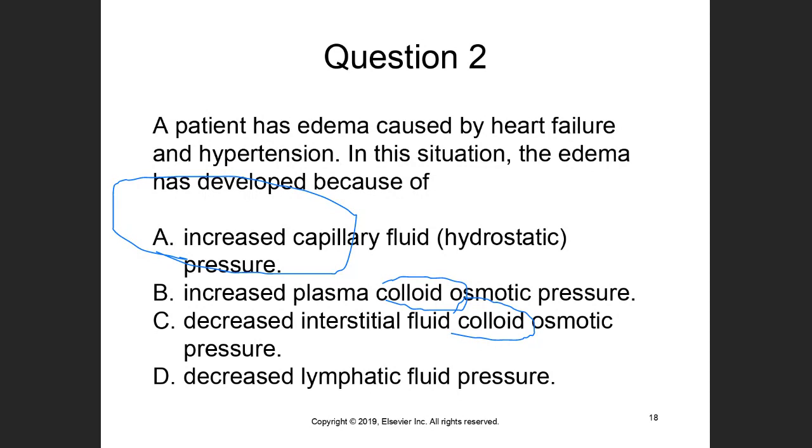So renal problems and liver problems are related to colloid pressure. Heart failure means that the heart is not pumping enough, okay? If the heart is not pumping, there is no hydrostatic pressure, because the heart is the one that produces hydrostatic pressure.